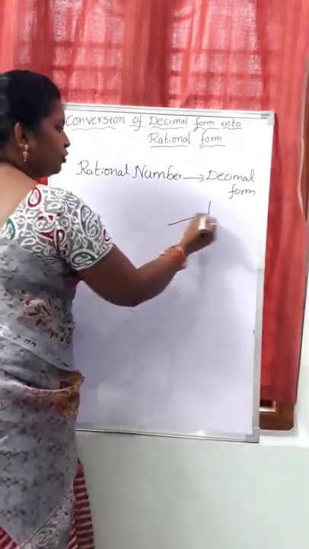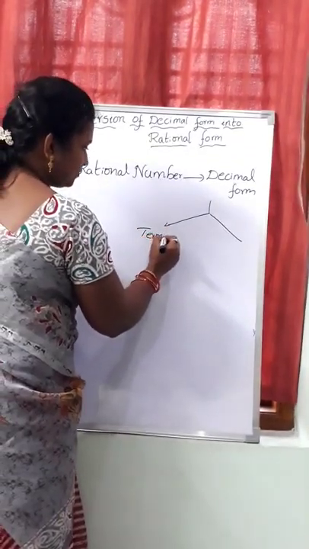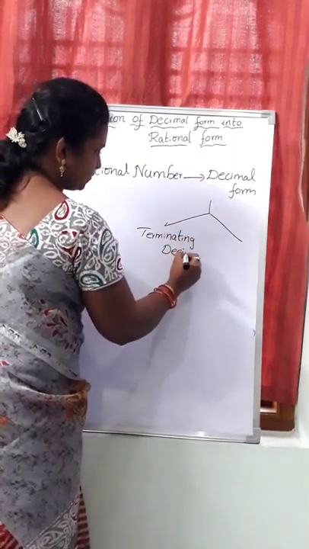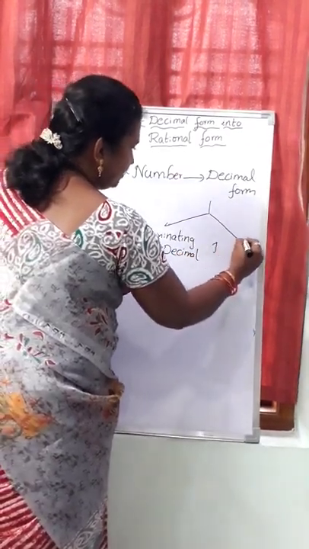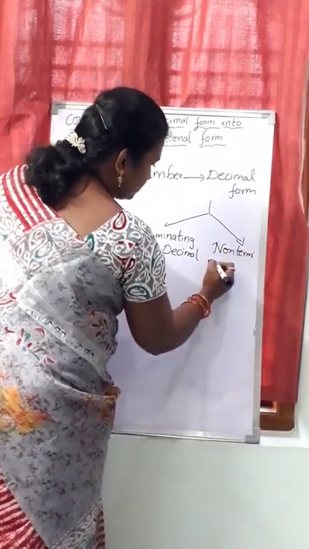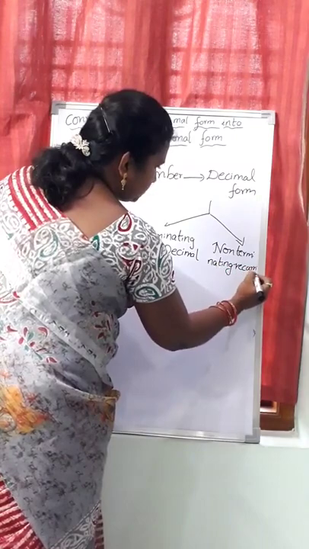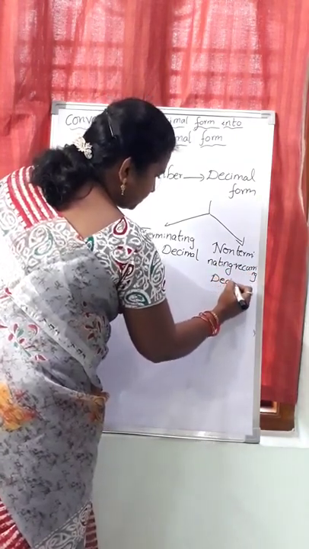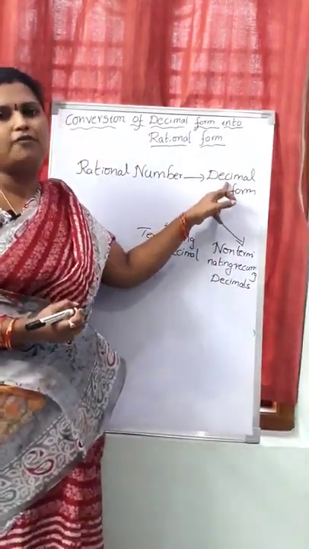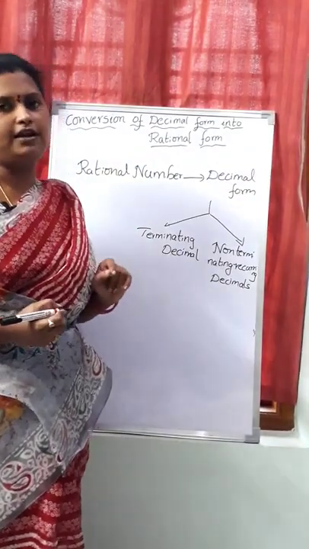These decimal numbers are of two types, which we have already discussed: terminating decimals and non-terminating recurring decimals.